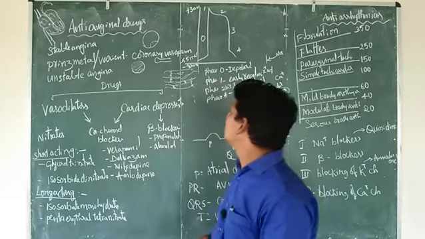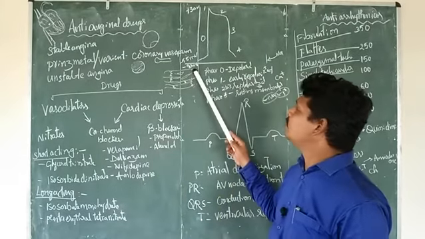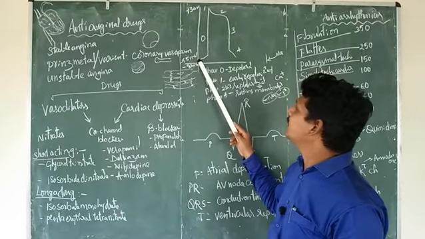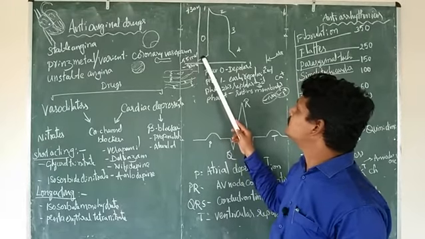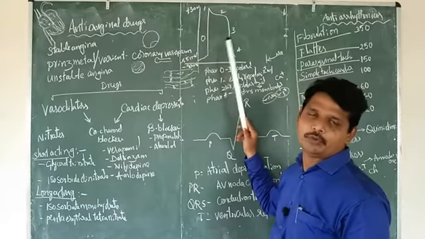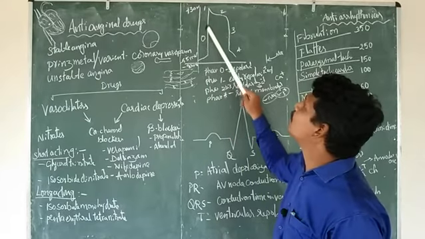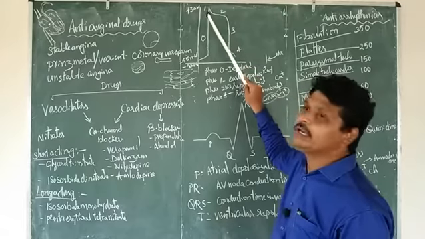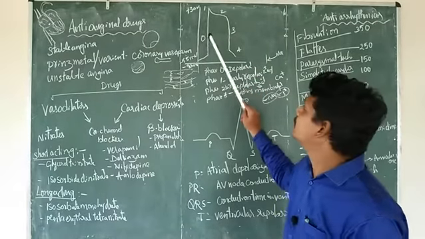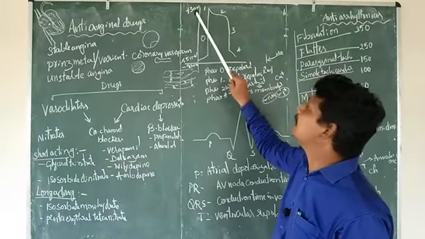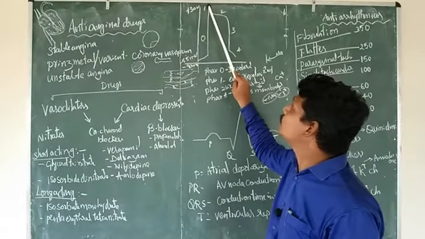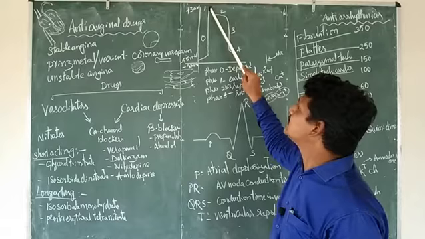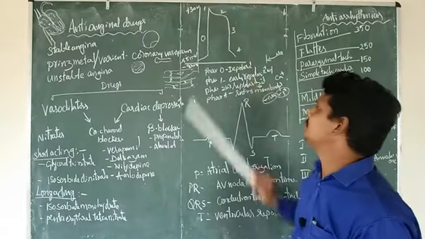For example, resting membrane potential is minus 90 millivolts. When it reaches minus 55 millivolts, sodium channels open and the cell is completely depolarized. When it reaches plus 30 millivolts, these sodium channels shut down, and we see a slight repolarization.